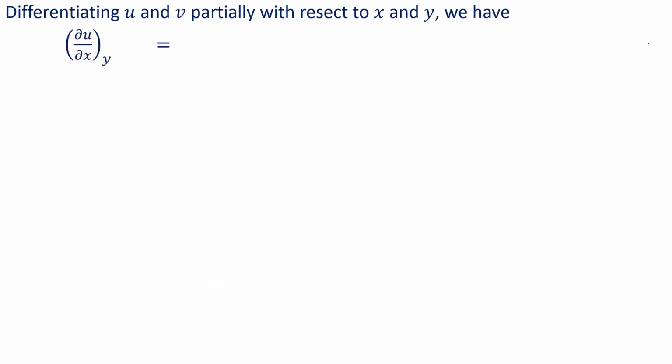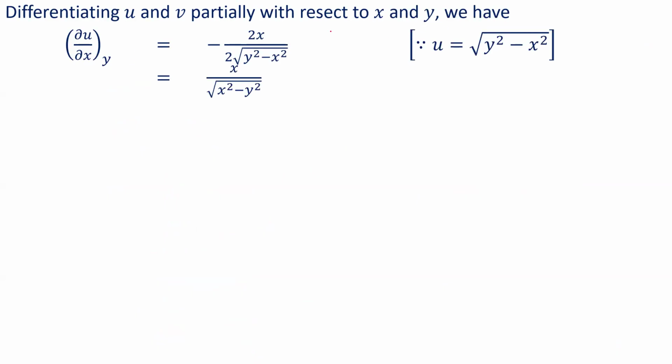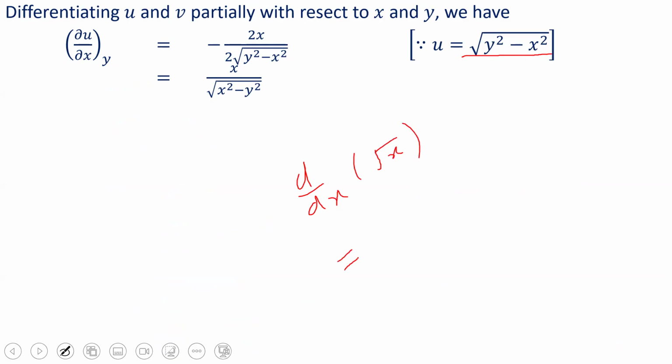We have del u del x when y is constant. So u is equal to root over y square minus x square. We know what the derivative of root of x is. Let us find the derivative of root of x. This is nothing but 1 upon 2 root x. How can we write it? It can be written as d dx of x to the power 1 by 2.